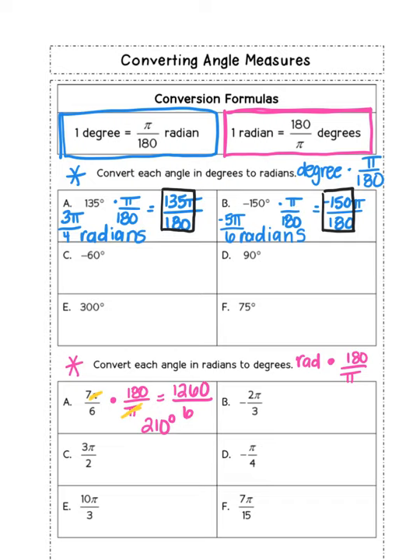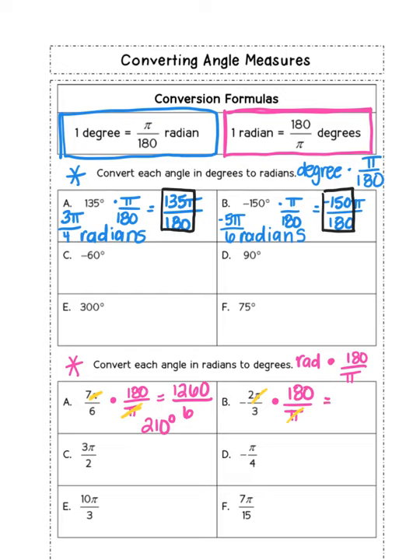Again, same thing applies if it's a negative rotation. That negative rotation for radians is still going to use the same formula, so I have it in radians, and I'm going to multiply it by 180 over pi. Again, I have a pi in the numerator and a pi in the denominator, so those equal 1, which leaves us with no pi in the problem.